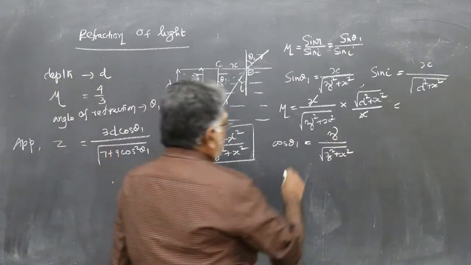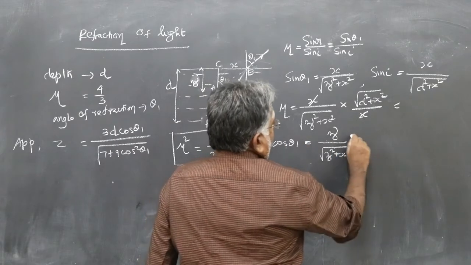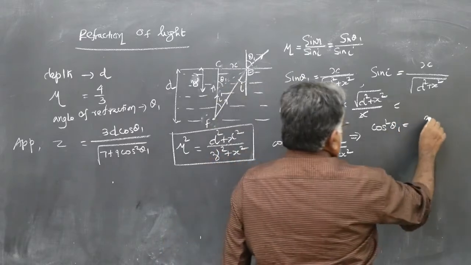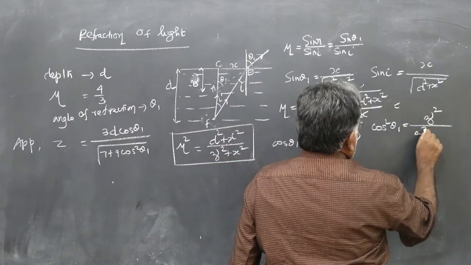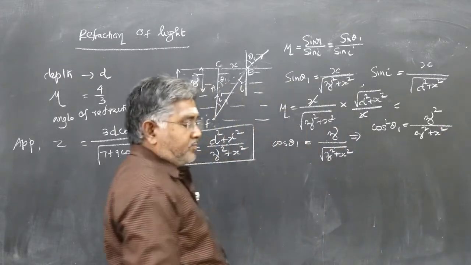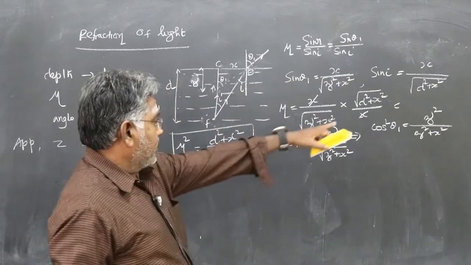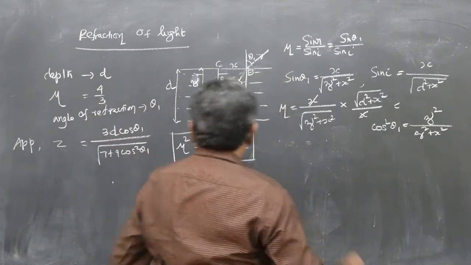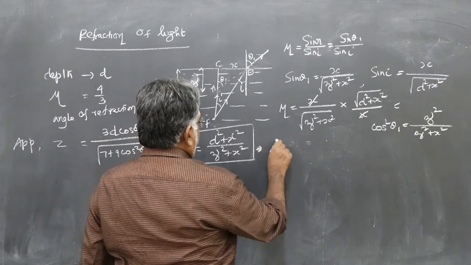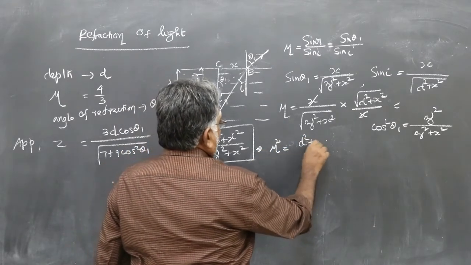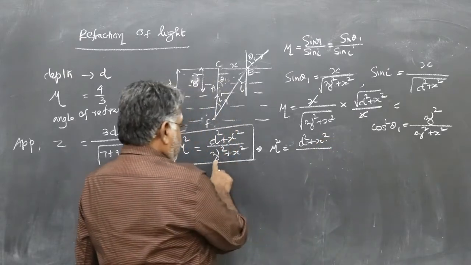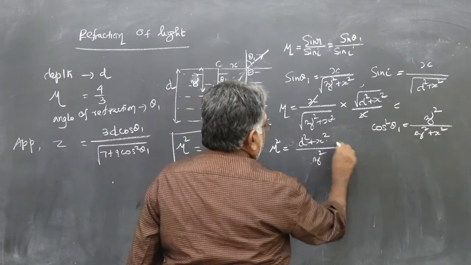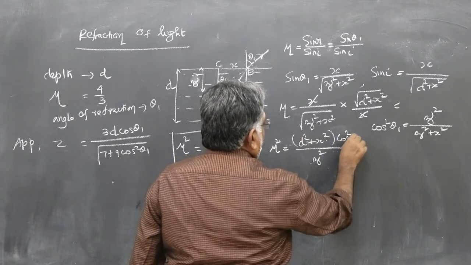So squaring both sides, cos square theta 1 is equal to z square by z square plus x square. So for z square plus x square you can substitute in terms of cos square theta 1. So you will get mu square is equal to d square plus x square by, for z square plus x square use this, which will be z square by cos square theta 1.